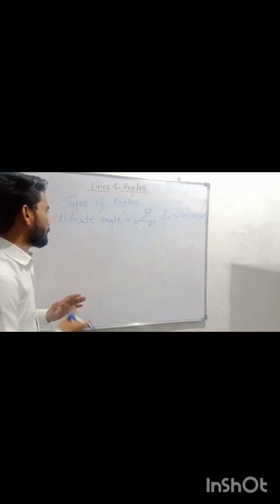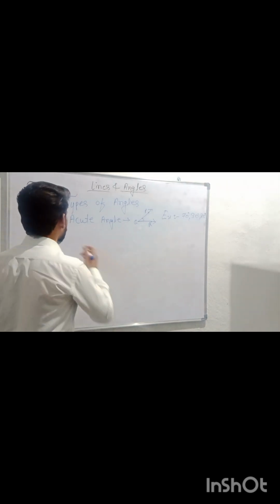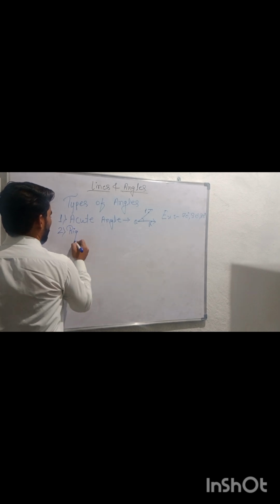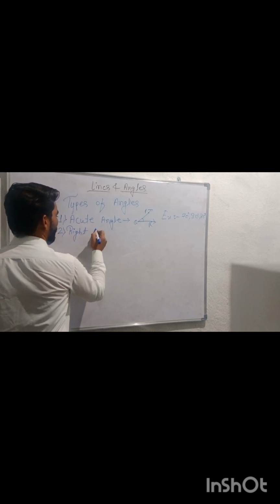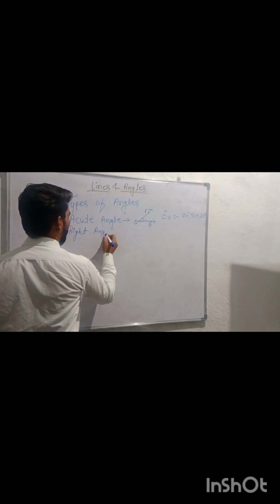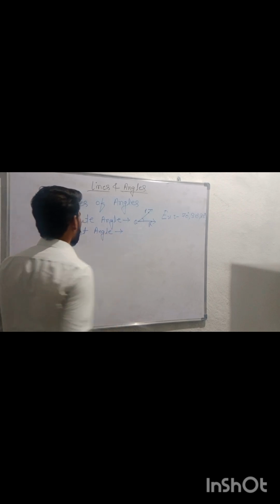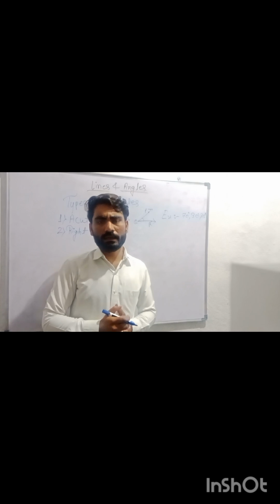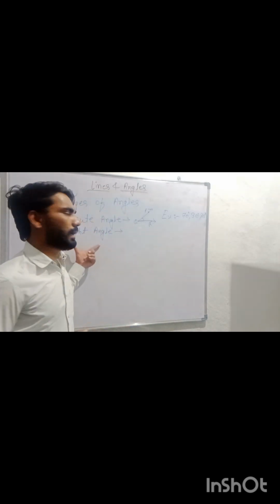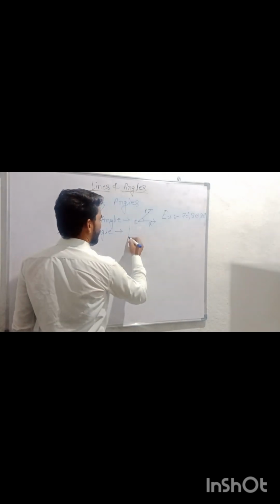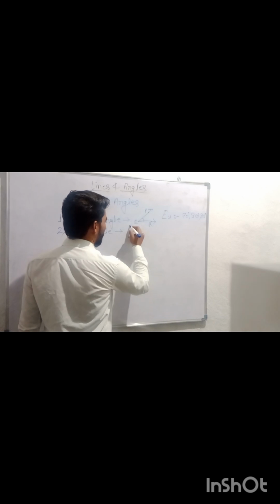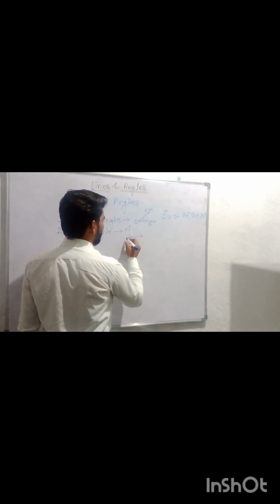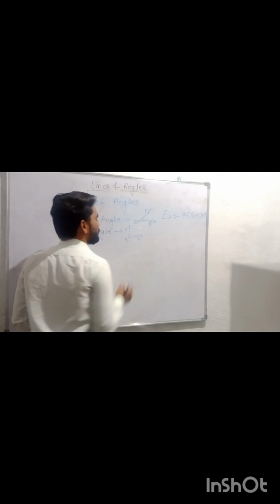Okay, dear students. Next one is right angle. A right angle is one whose measure is exactly 90 degrees. You can see here, this is a right angle.